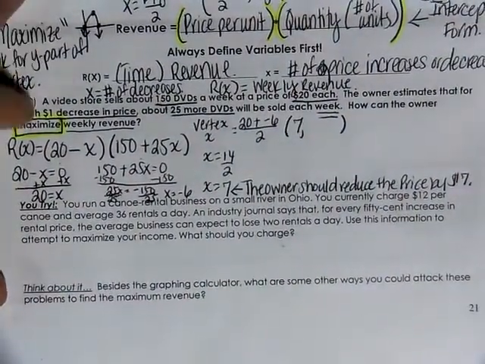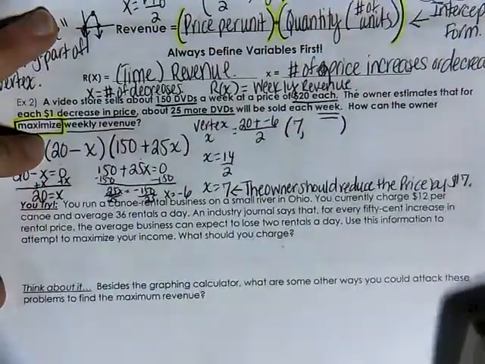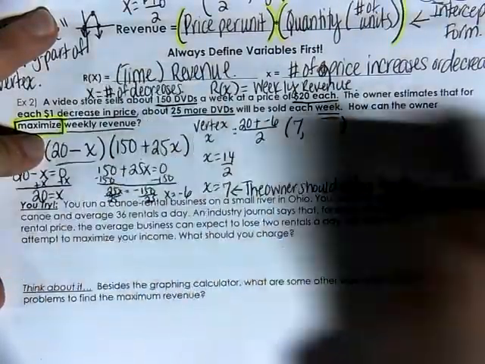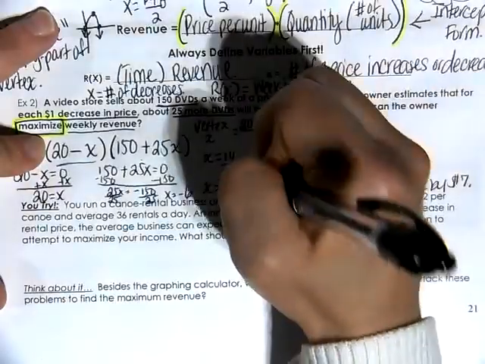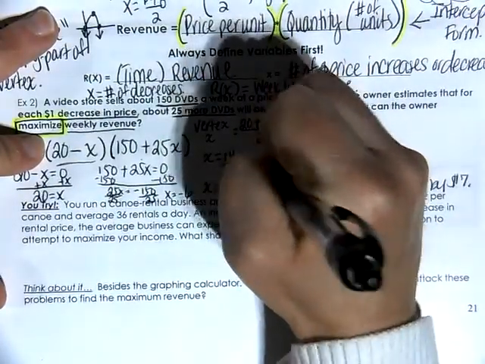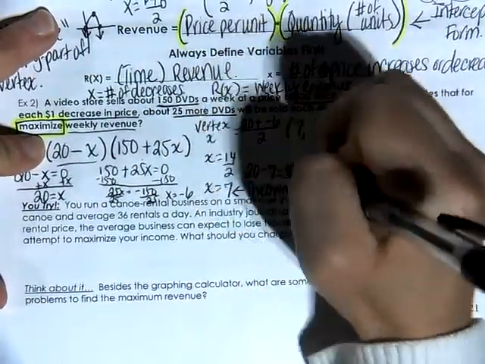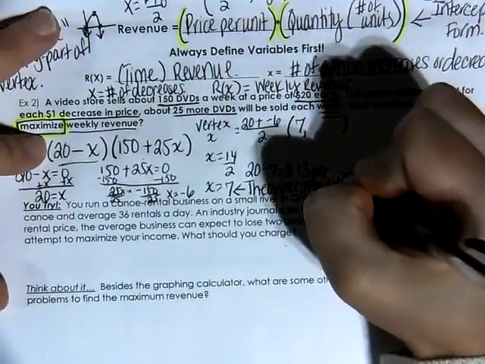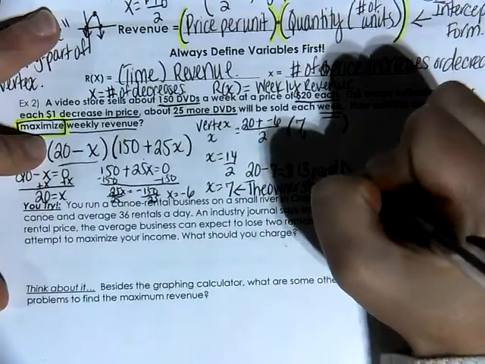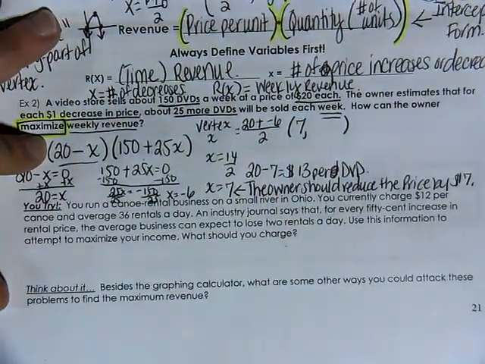What would that price be? Well, that price would be 20 minus x, because remember this first parenthesis represented our price. So that price is going to be 20 minus 7, which is $13. They should sell at $13 per DVD in order to make that maximum profit.